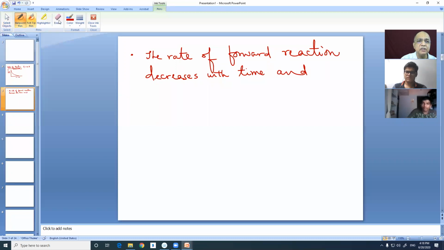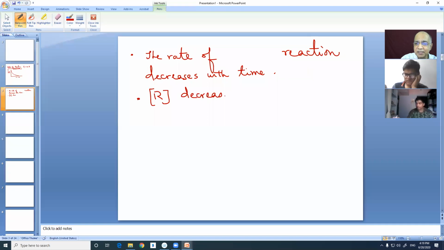Rate of reaction, let us write down rate of reaction, because we have already mentioned it is irreversible. So there is no question of forward, backward, only forward. The rate of reaction decreases with time. What I wanted to say, the reactant concentration decreases with time, while product concentration increases with time.